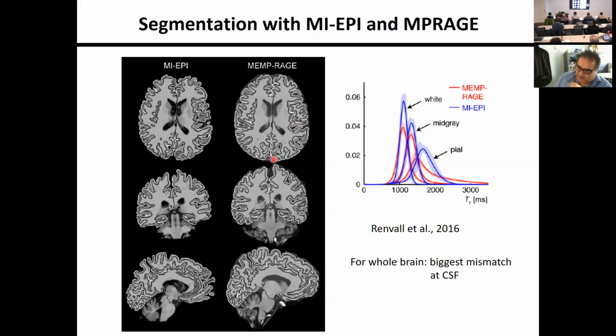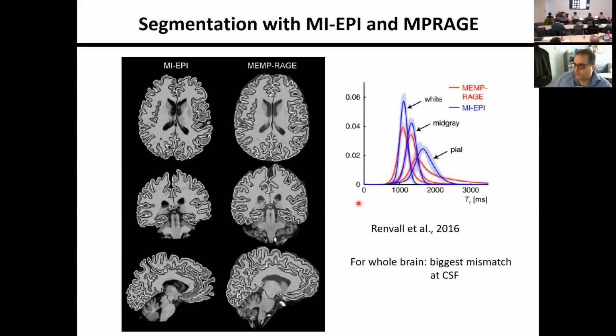So that is where the biggest error in segmentation and later on registration will occur. So if you visually inspect the registration and segmentation quality, pay attention mostly to the pial vessels, if this data is reliable.